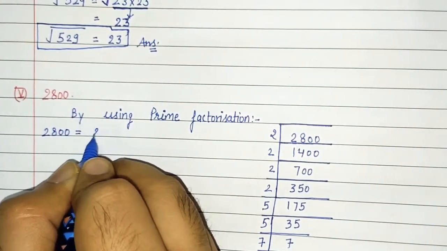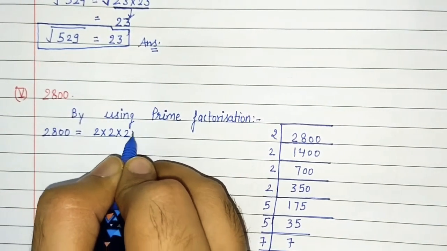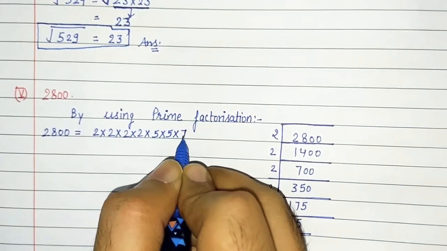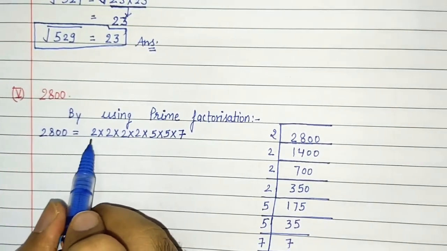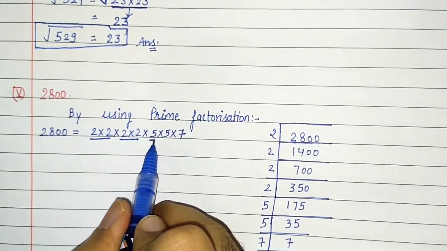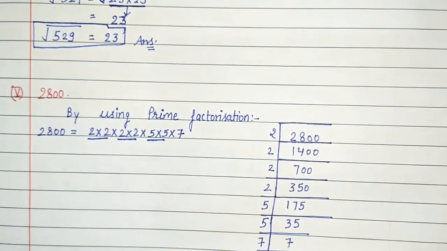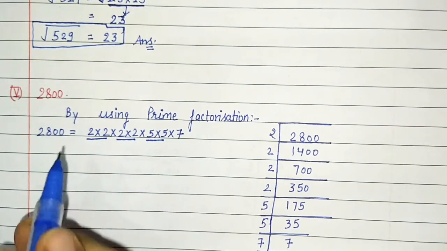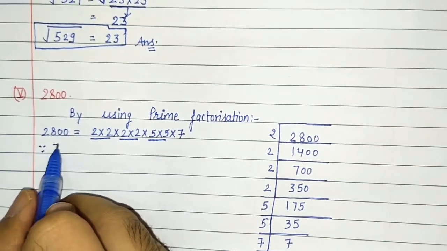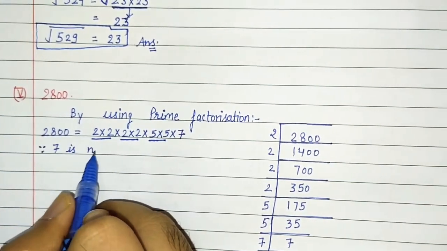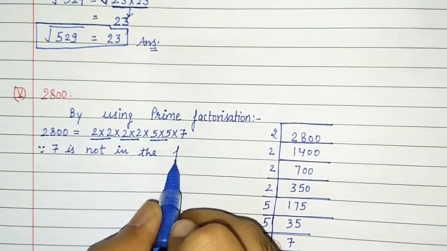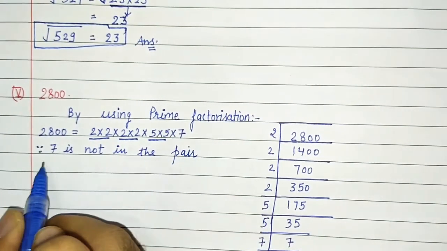You can write the factors here. 2800 is equals to this. Now 2 has the pair, this 2 has also the pair, 5 has pair, 7 is single. So now 7, because only single time 7 is here, because 7 is not in the pair there.